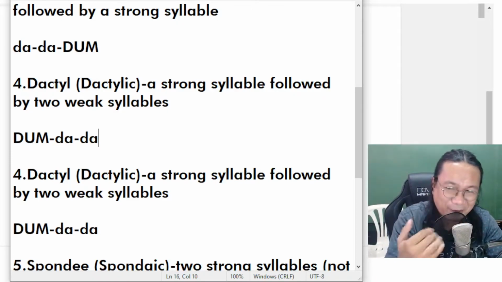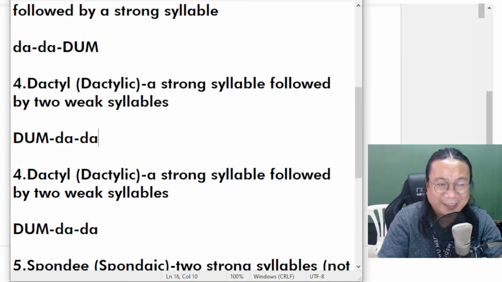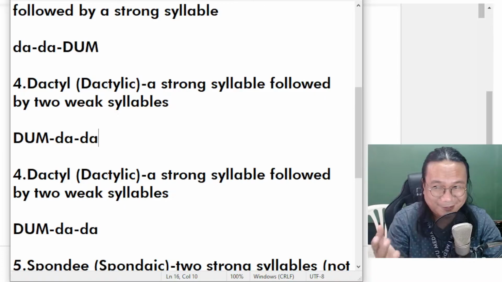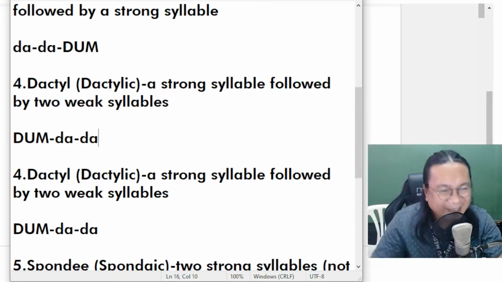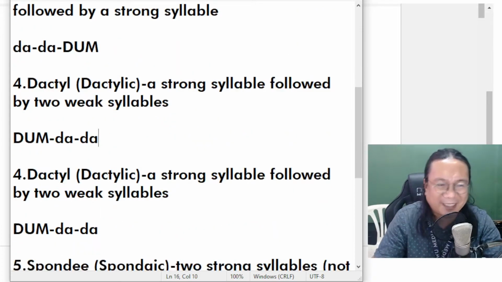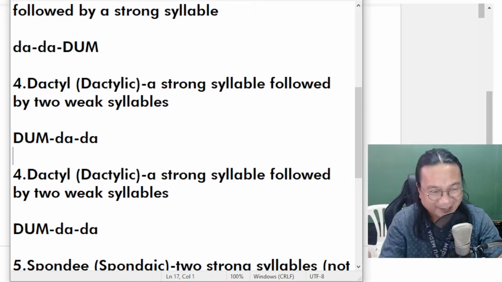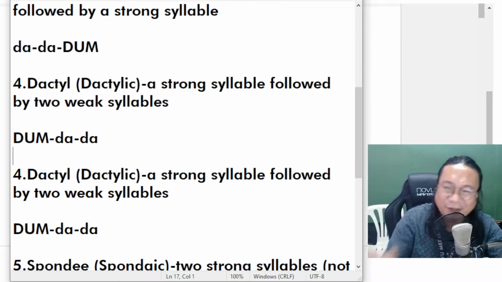You can also do nasaan, the word nasaan na ginamit natin kanina, into a dactylic type. Nasaan. Or lumipad. But if it's lumipad, that would be anapestic. But if it's dactylic, it's dum-da-da. Okay. So now you're getting it. So those are the foot.